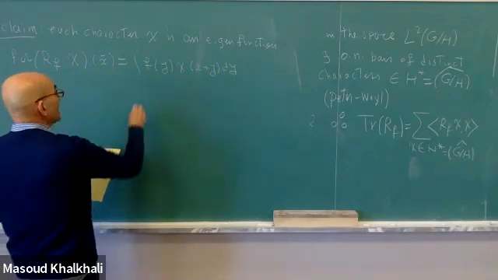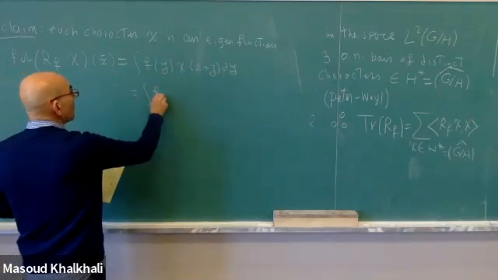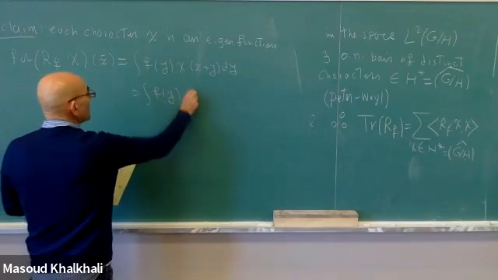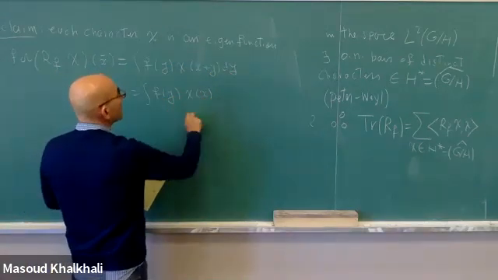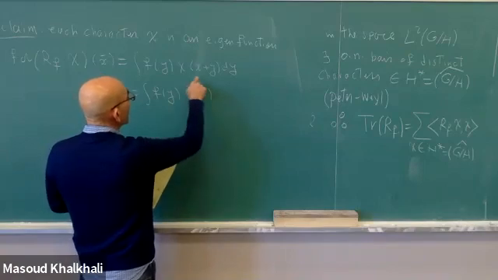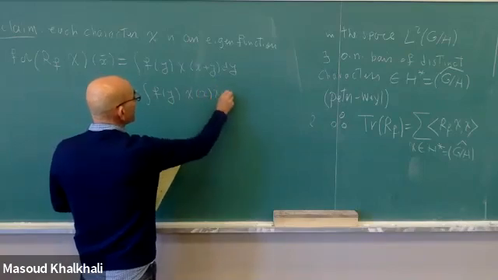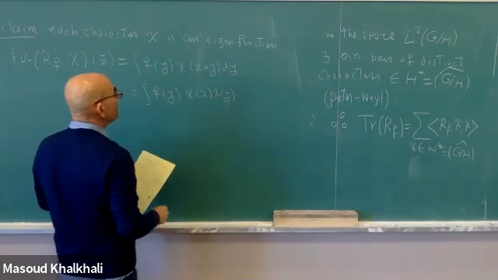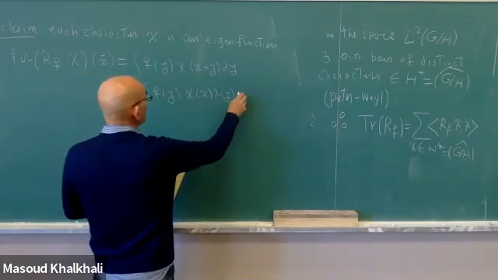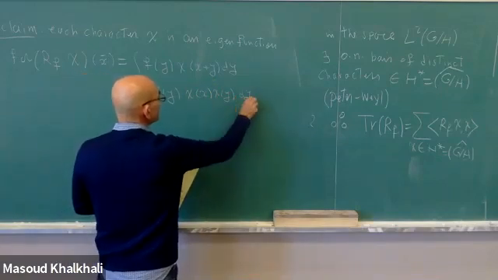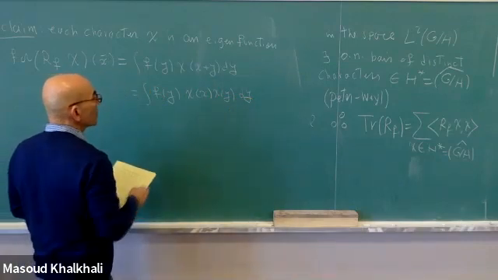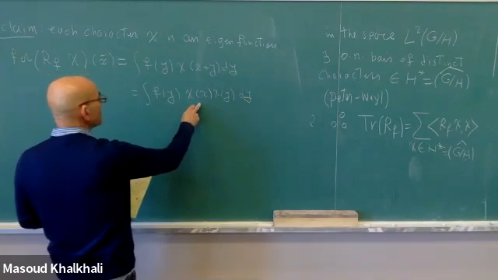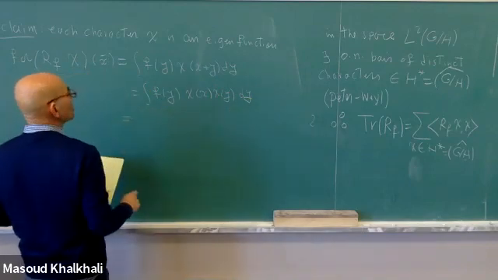So that's equal to the integral of f of y. Now I can just write it as chi of x, chi of y, dy. So this I can pull out.